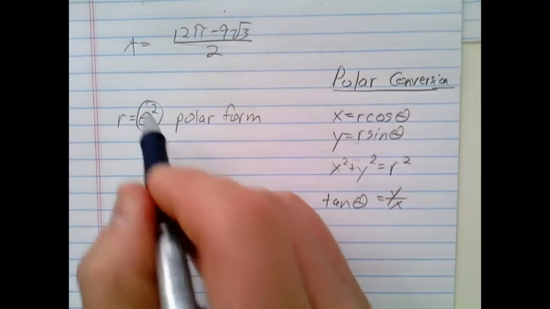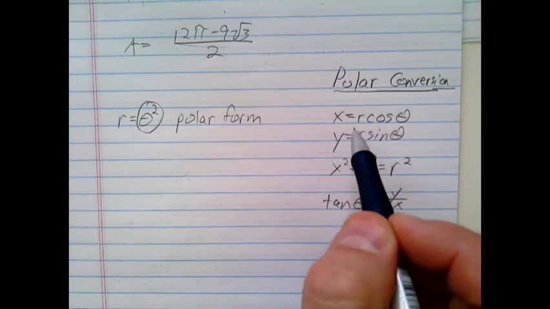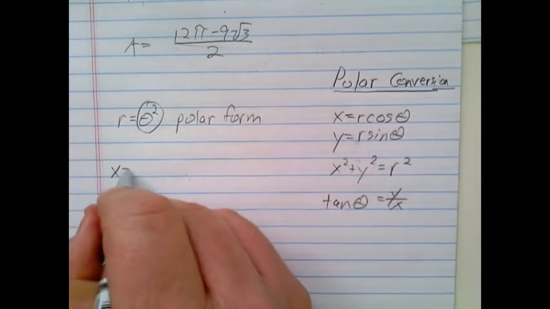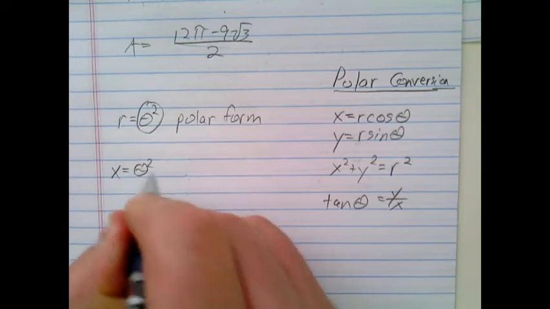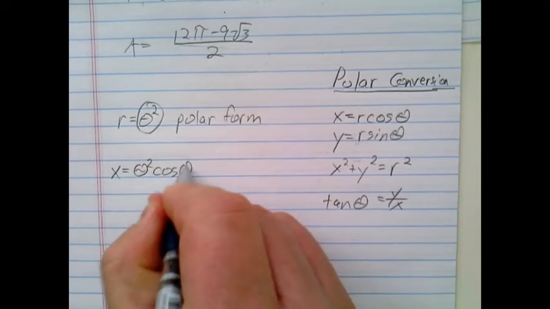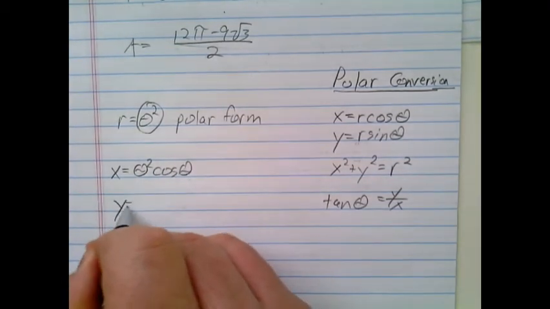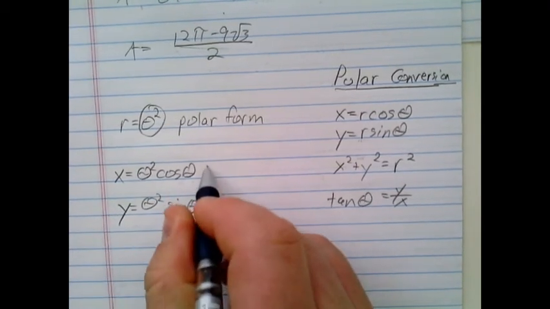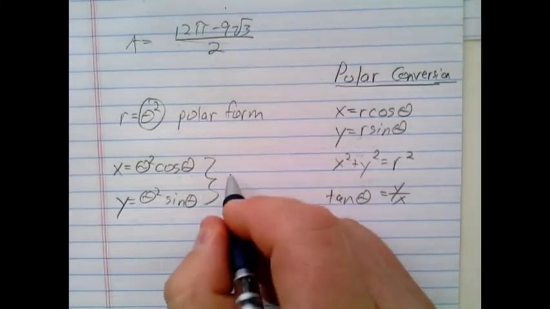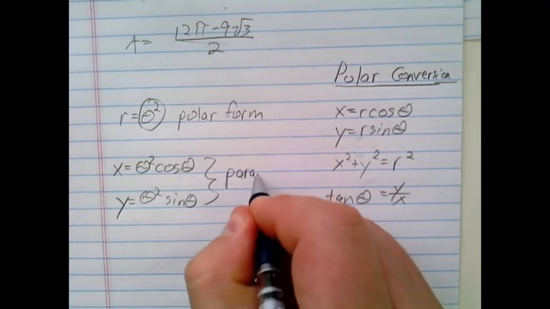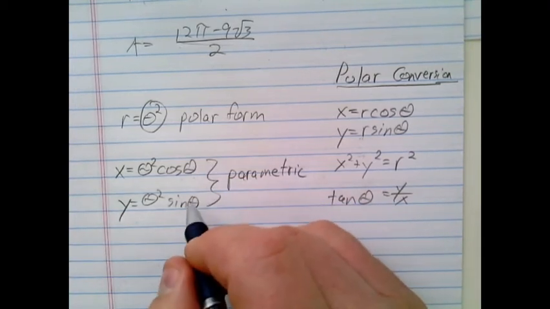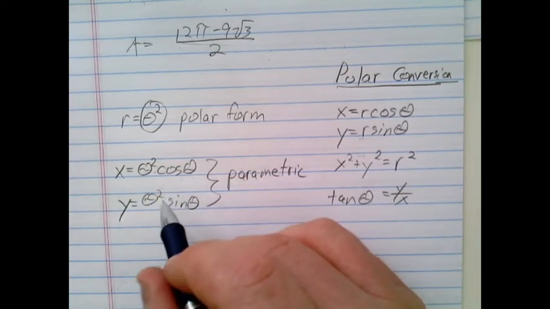R equals theta squared, so I'm going to sub theta squared in for r in these two formulas. That gives me x equals theta squared cosine theta, and y equals theta squared sine theta. Those two equations together give me my parametric form, because now I've written both x and y as functions of just one other variable.